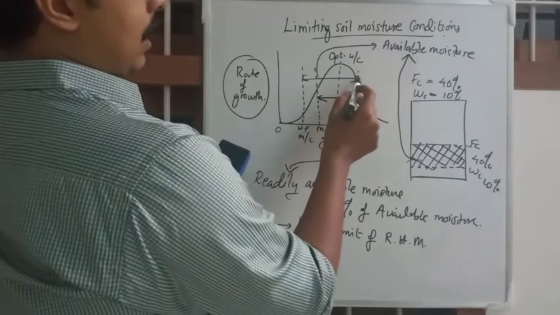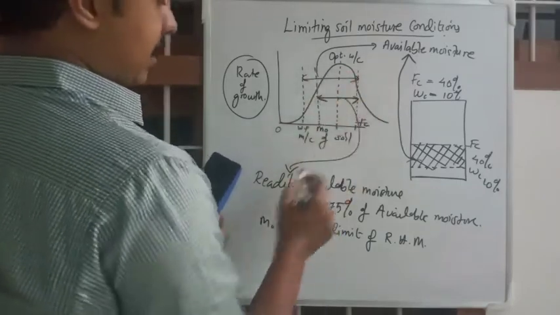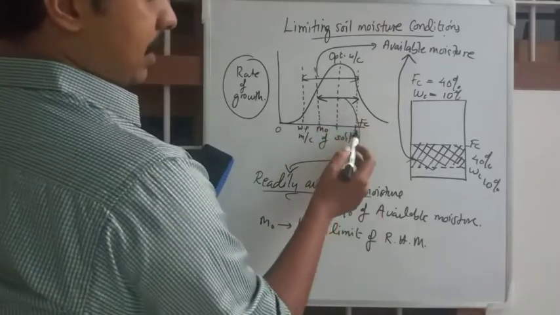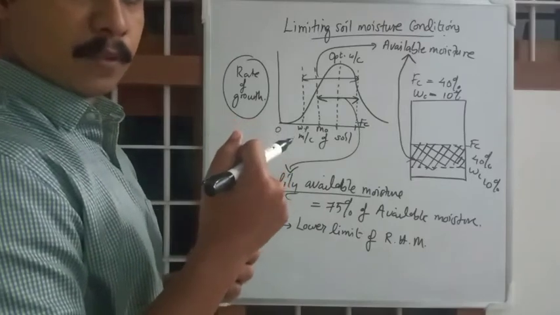It will be easier for the plants to pull up the readily available moisture portion, that is the FC to M0 portion.